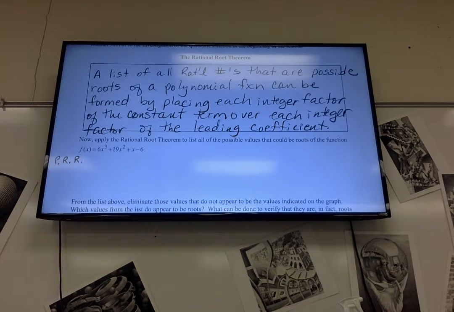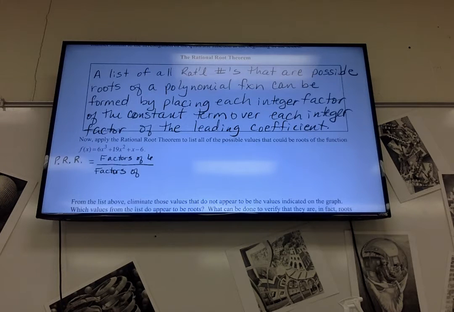Possible rational roots. So first, on top, you would put the factors of the leading coefficient. So the factors of 6. That's the number that's in front of the variable with the highest exponent. Over the factors of the constant, the one that doesn't have a variable with it.